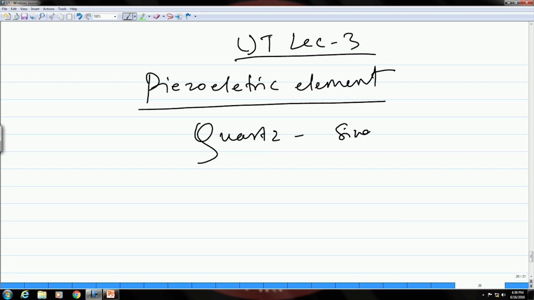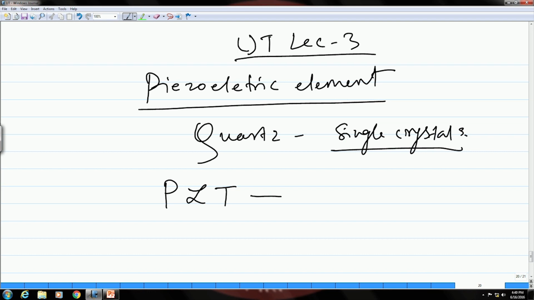So, single crystals of quartz can be used as the piezoelectric element for ultrasonic probes. There is one more material, known as PZT, which also shows very good piezoelectric property.